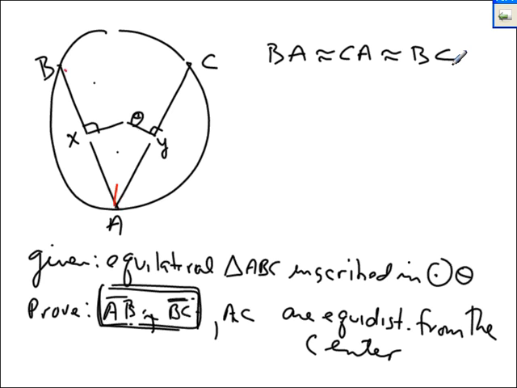Well, the fact that AB and CA are the same length, they're two chords, same length. That means that their distances are equal. Okay? And that's it.